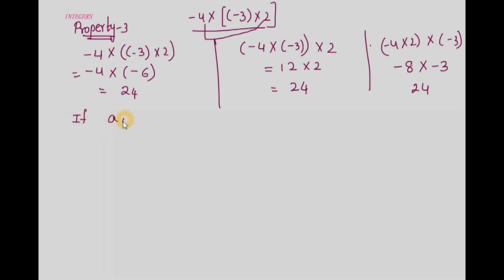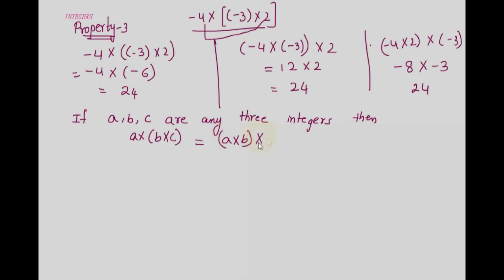If a, b, c are any 3 integers, then a into b into c is equal to a into b into c.